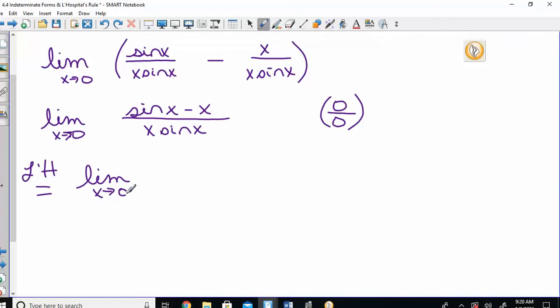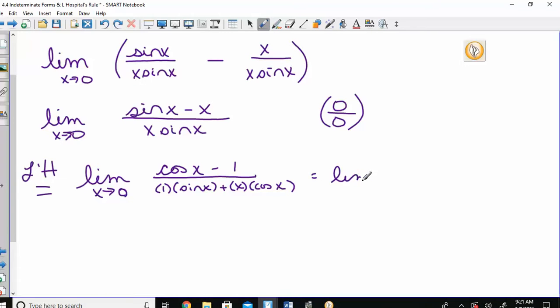Okay, so derivative of sine is cosine x minus derivative of x is 1. What do I have to do for the derivative of the bottom? Product rule. Derivative of the first times the second plus the first derivative of the second. Okay.